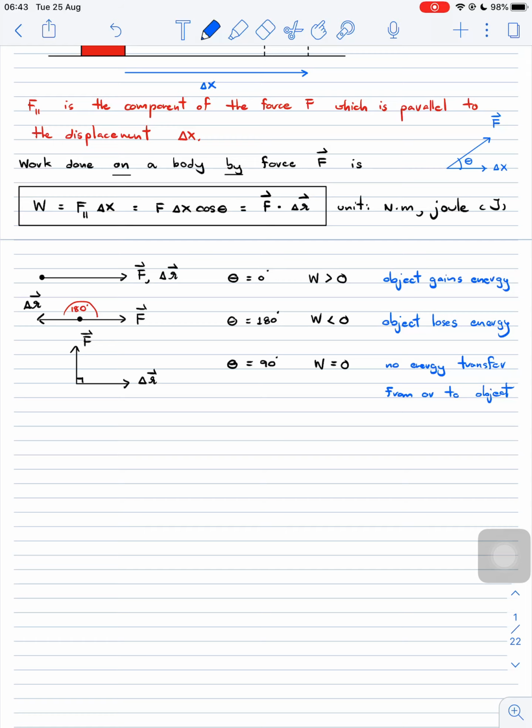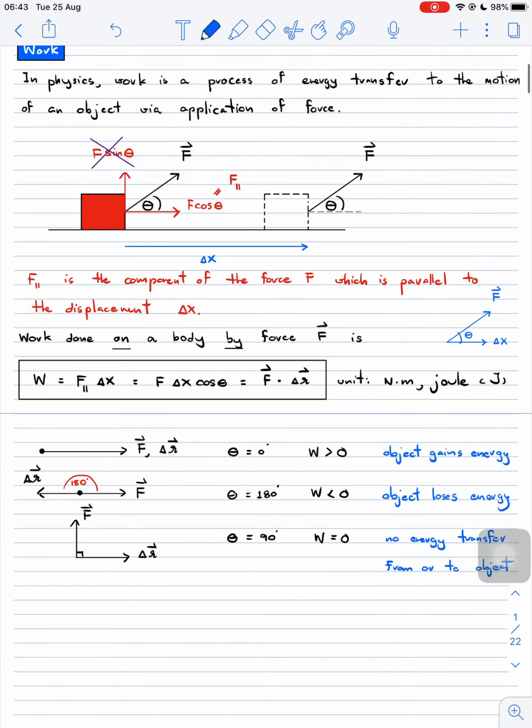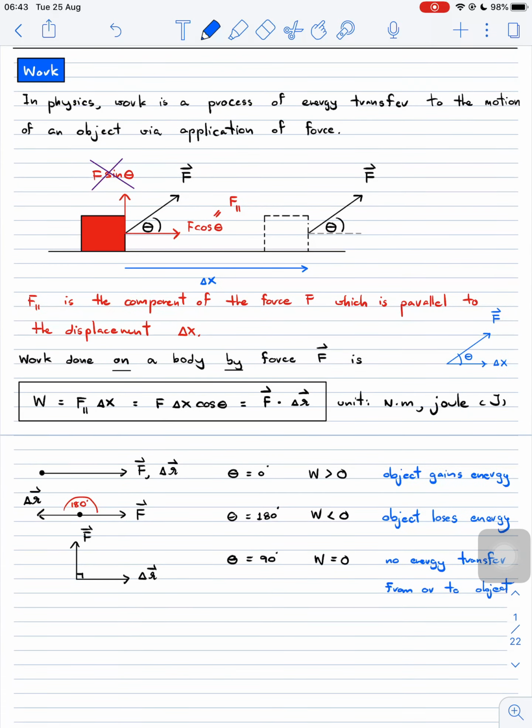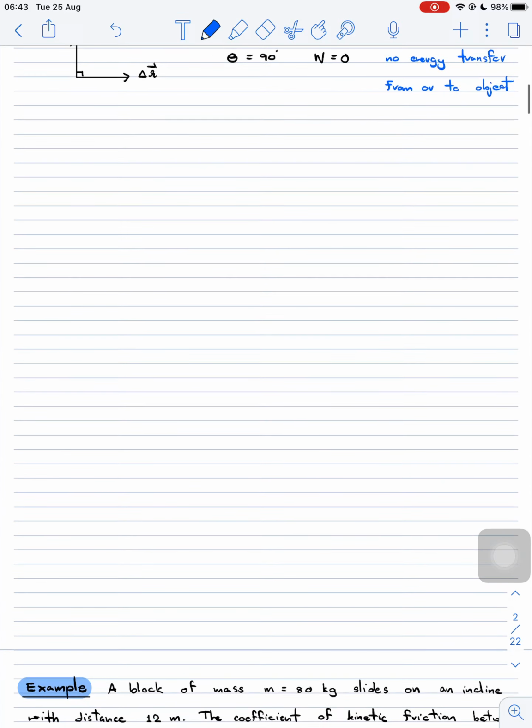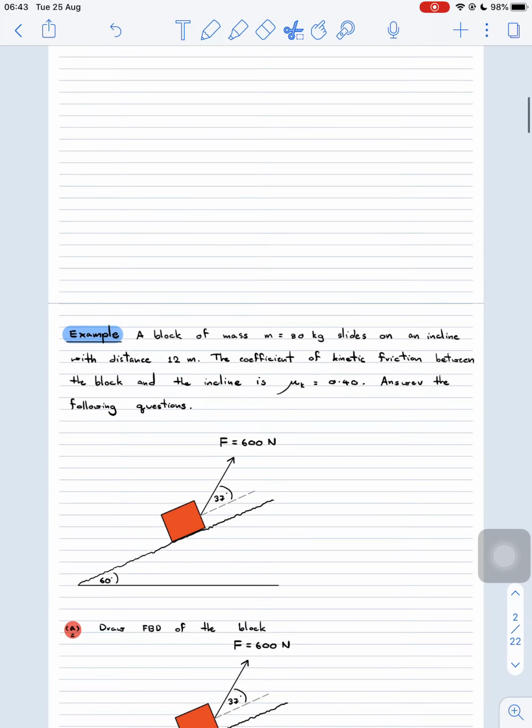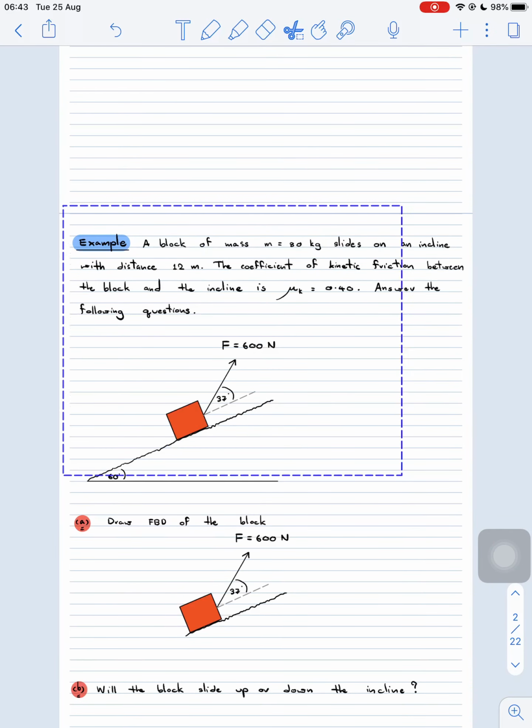So it means that the energy of the object doesn't change. So this is what we get from the equation. So let's look at these examples. Let me take a copy first.